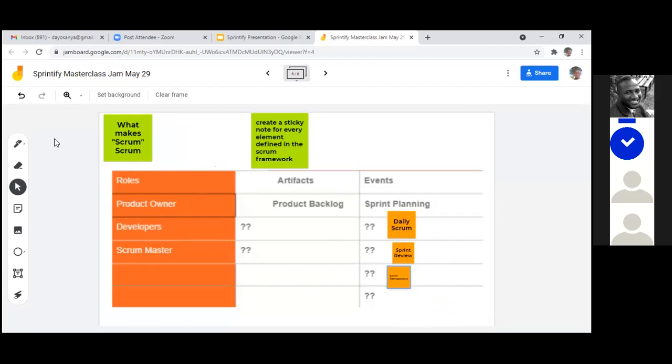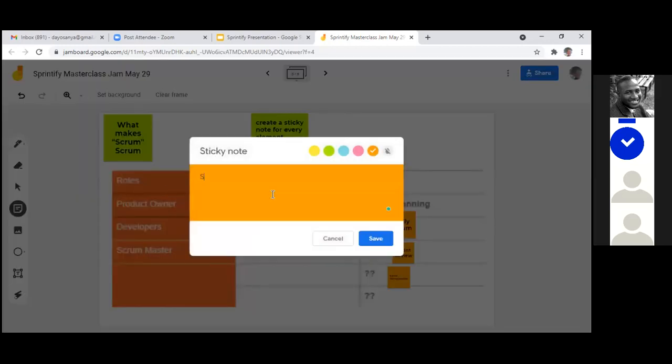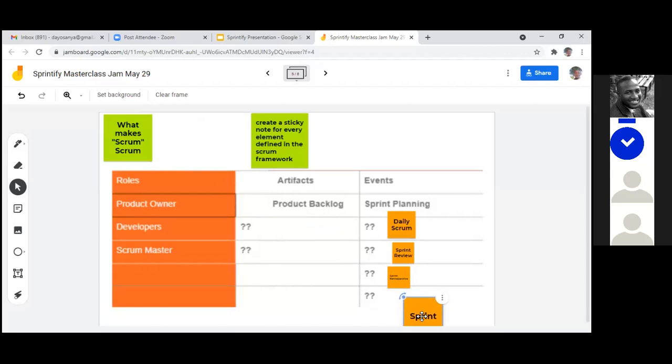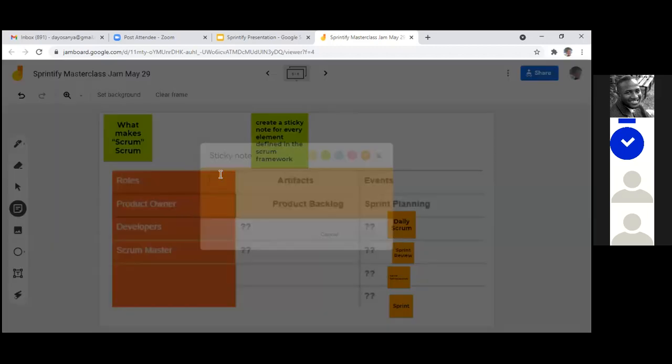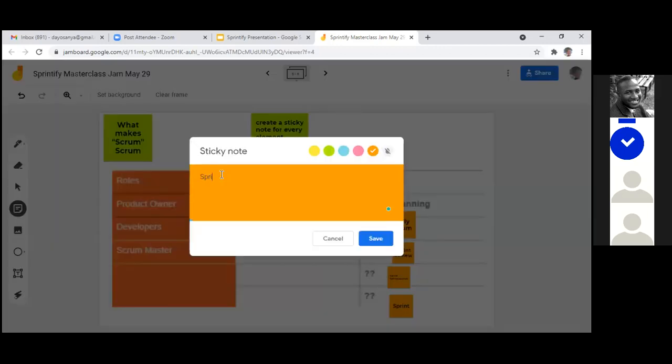The sprint itself is an event on its own. The sprint is the overall event. What we call the epic? No, it's not epic. Epics are large stories. The sprint is the period of development. Then talking about artifacts, we have the sprint backlog.